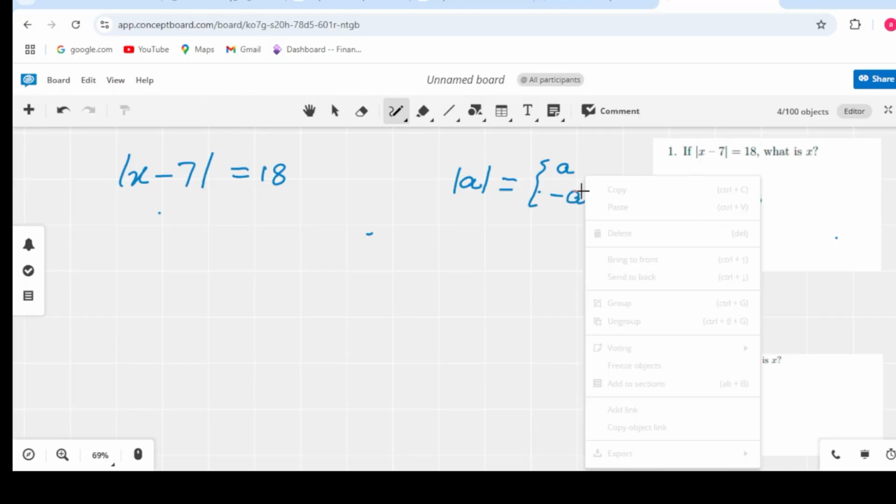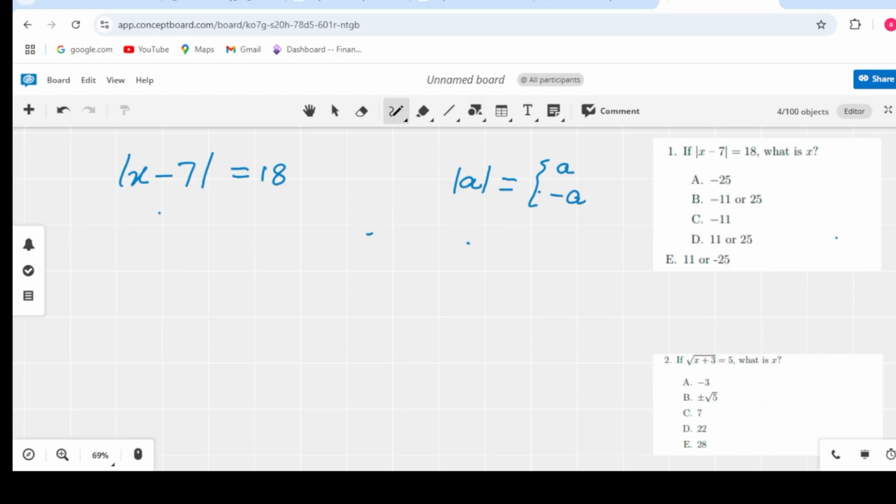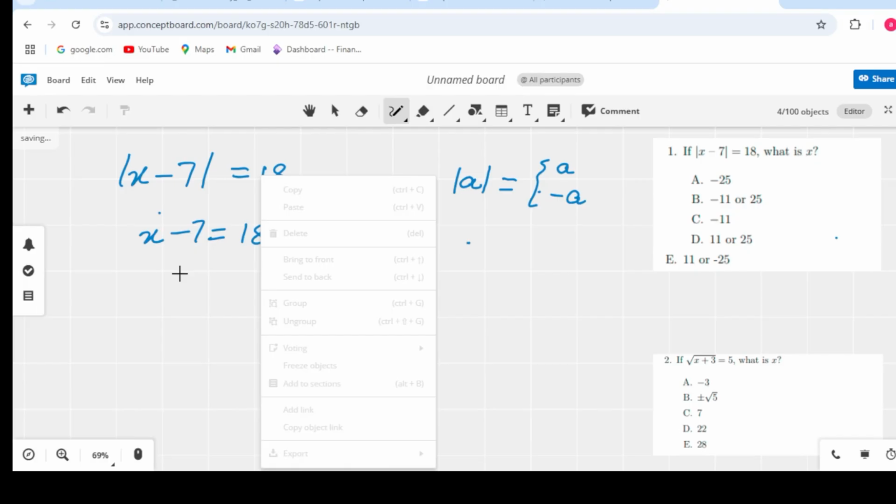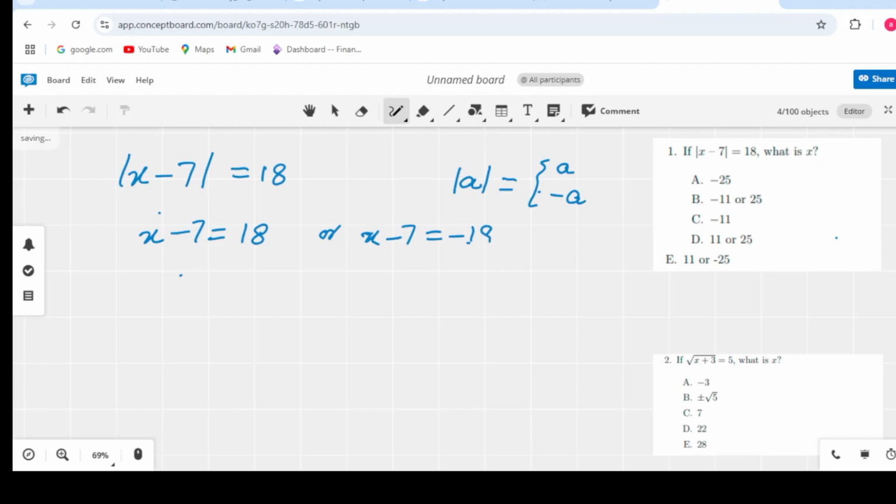So according to this definition, because |x − 7| = 18, we can write x − 7 = +18 if we remove the absolute sign. So there may be x − 7 = +18, or another option is x − 7 = −18. These are the two possibilities.